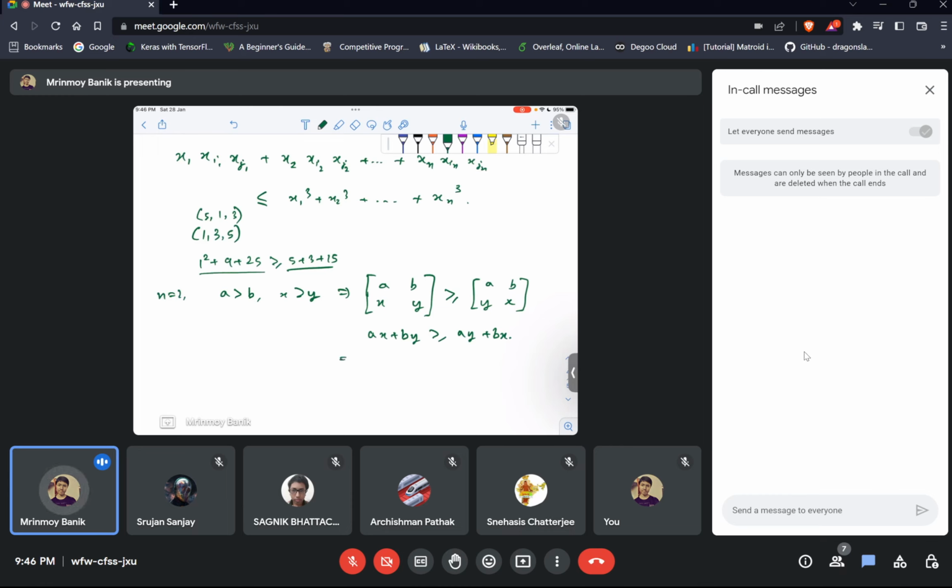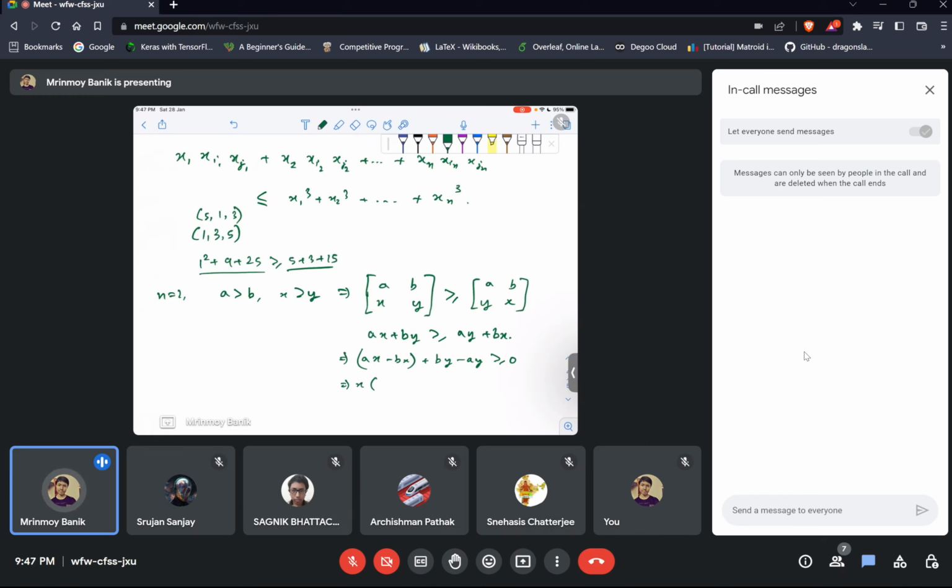Here in this case, it's also easier to see other ways. Let's bring everything onto one side: AX minus BX plus BY minus AY.